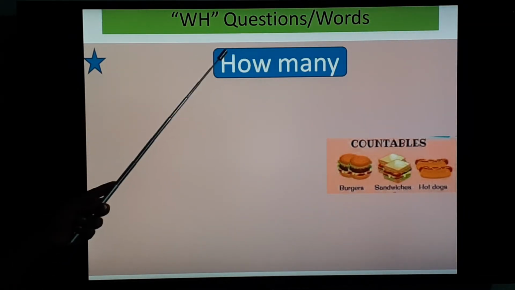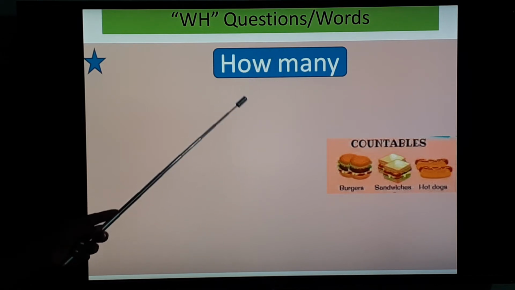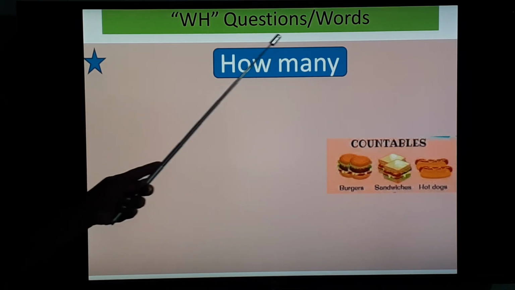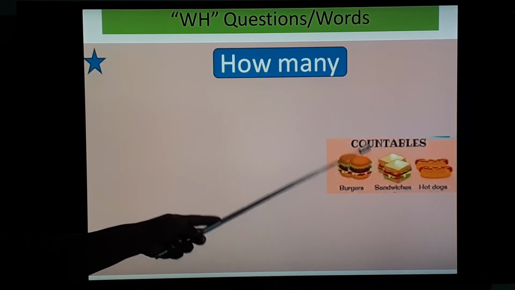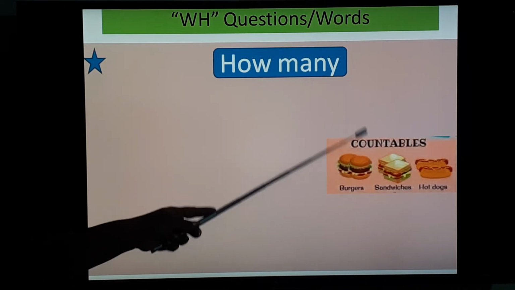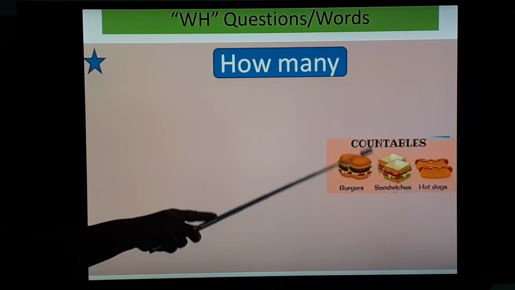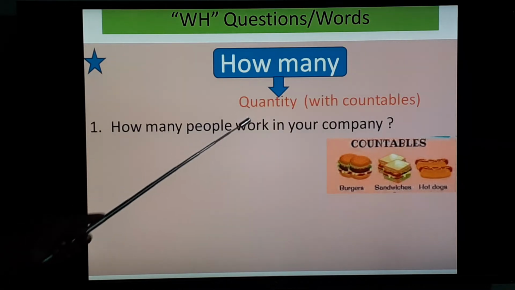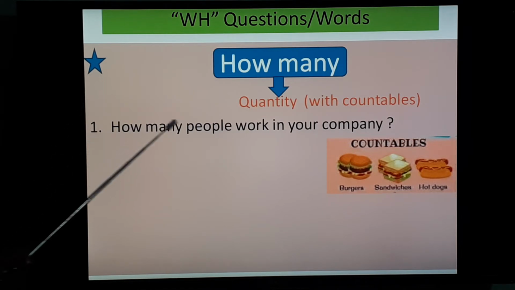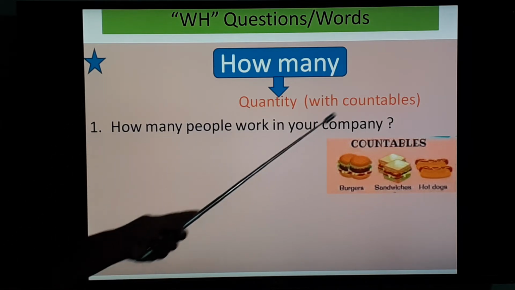Okay, now how many. You have to use how many in question form only with countable nouns. If you want to know about countable nouns, only then you have to use how many. It is about quantity. For example, how many people work in your company?